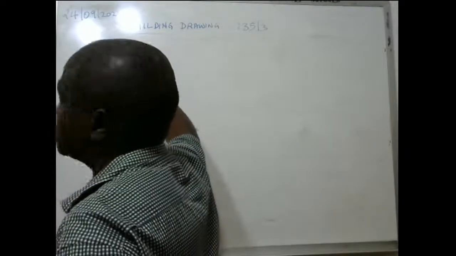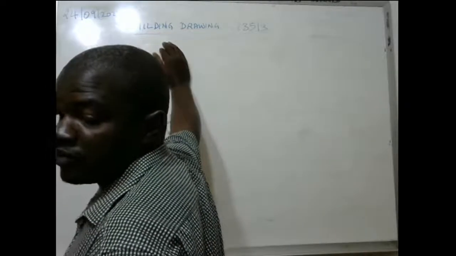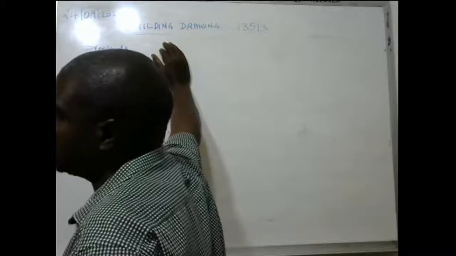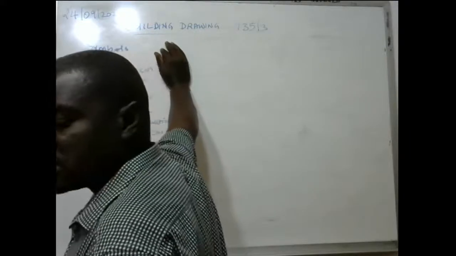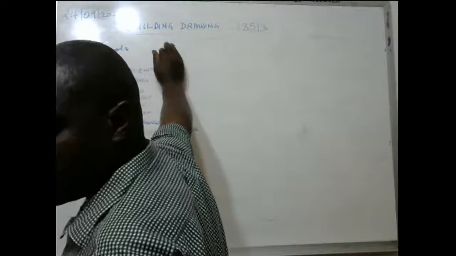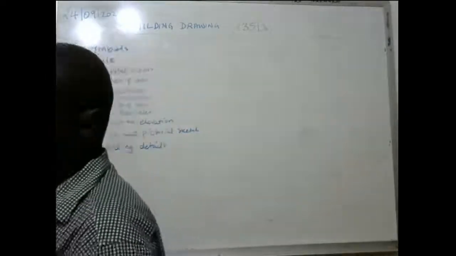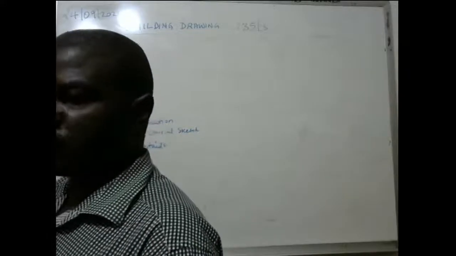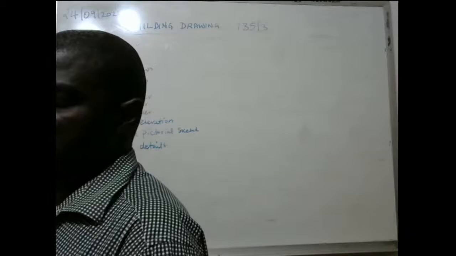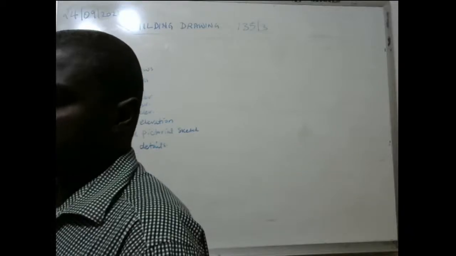The symbols and the scale, we keep seeing them right from the beginning up to the end. The use of the scale, understanding the symbols, which symbol is on the floor plan, which symbol is on the elevation, which symbol goes on the cross section. You have to put it into your minds that you need to understand these symbols.